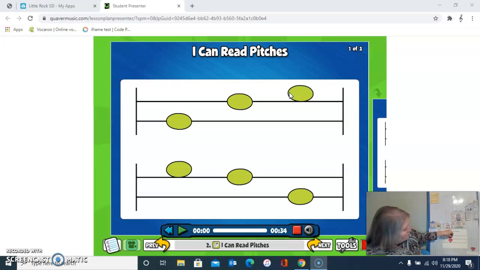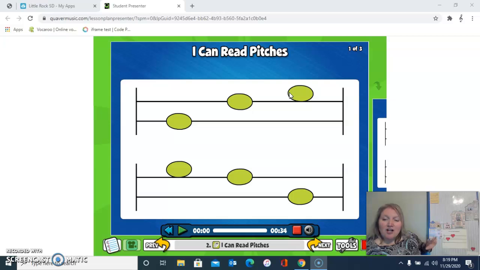But then if so moves to a line, me is on the line below it. Just like we read from left to right, we read music from left to right. So if the so comes first, that's what we'd sing first. So this would be so me. But if the me comes first, this would be me so.